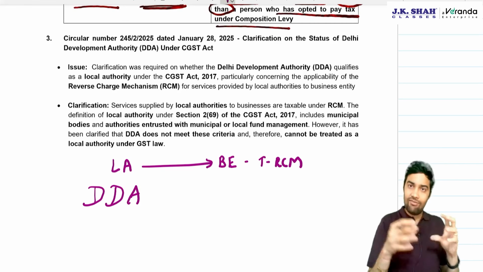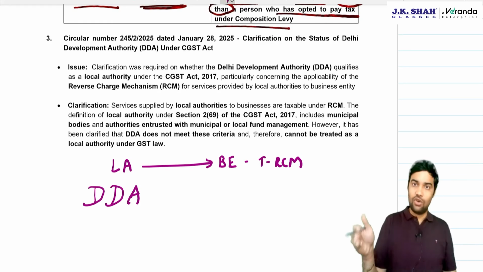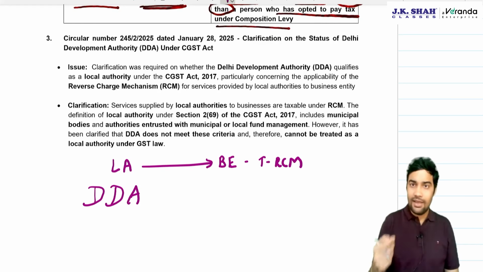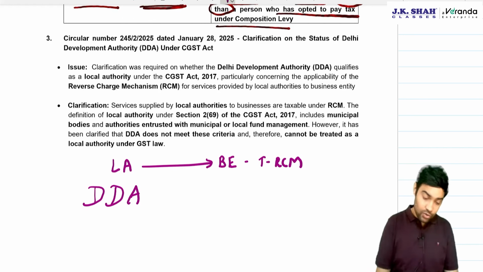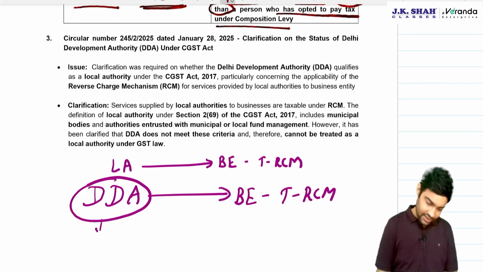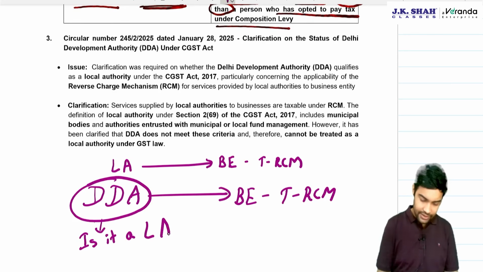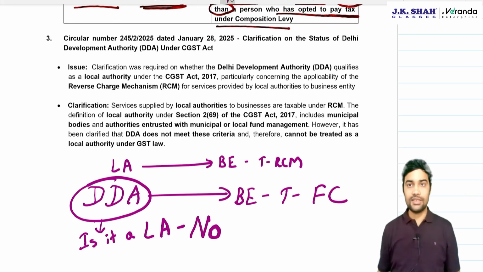In Delhi we have Delhi Development Authority, in Bangalore the Bangalore Development Authority known as BDA, and Maharashtra and Gujarat also have such authorities. So is Delhi Development Authority a local authority, and are its services to a business entity taxable under RCM? CBIC has said no, it is taxable under forward charge.